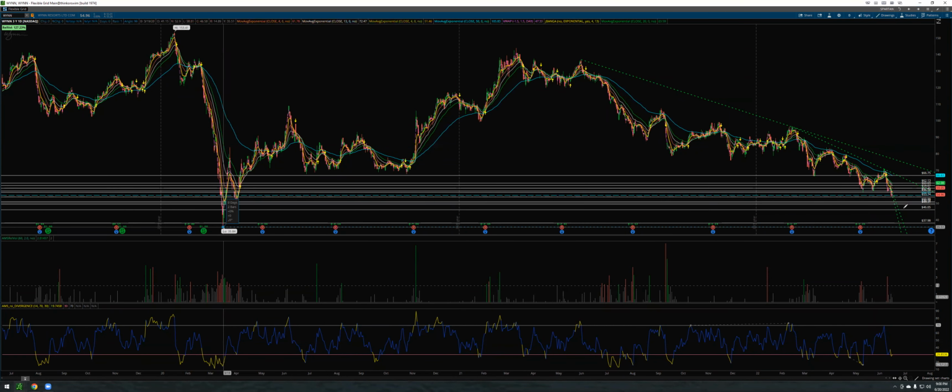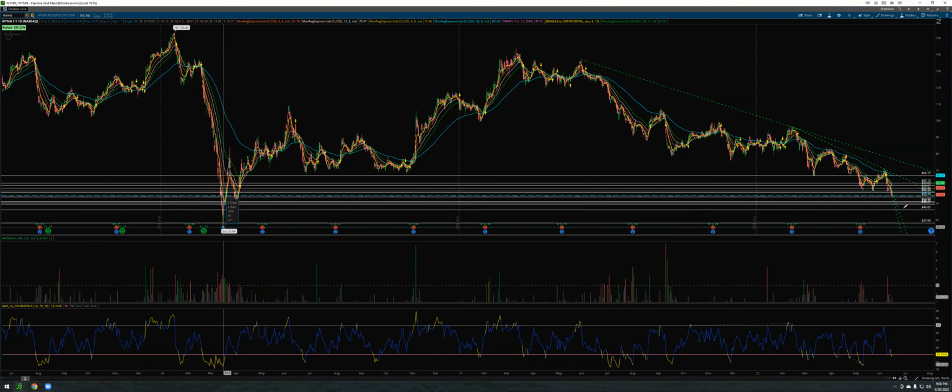For example, let's assume that it breaks here. So you wait for the break, and it's going to come down and retest. Once it retests, then you take it long, right? That's the way that you play the trend break.